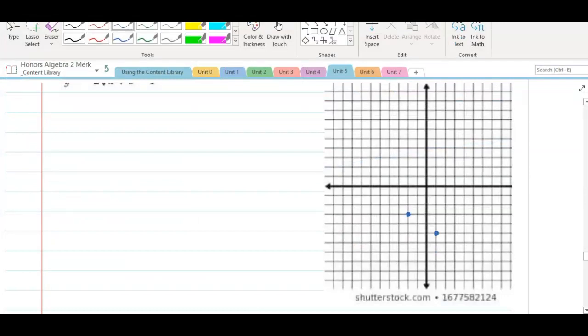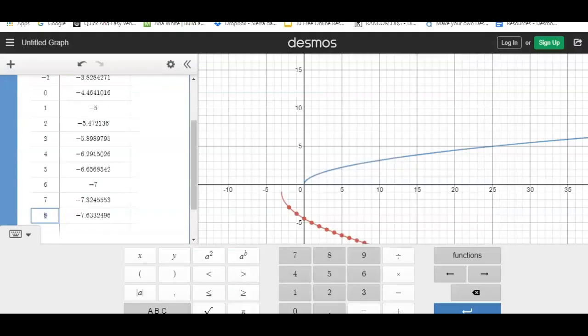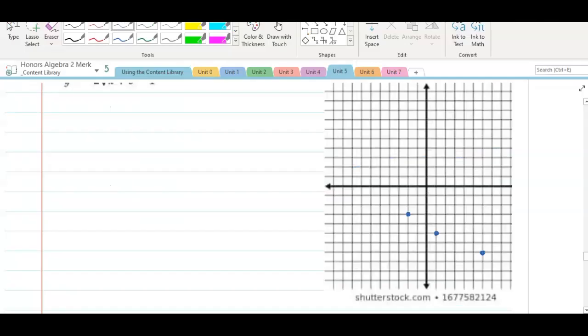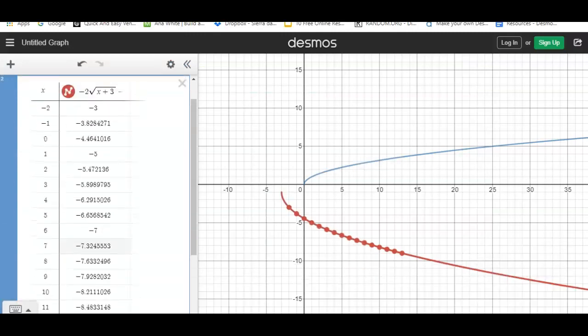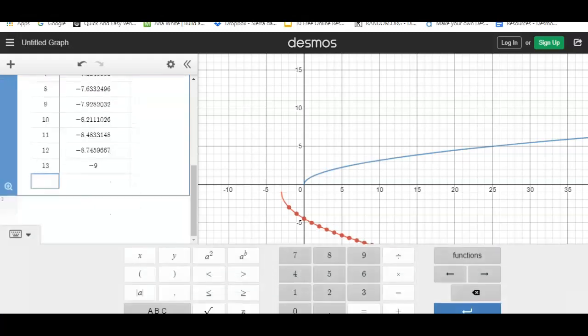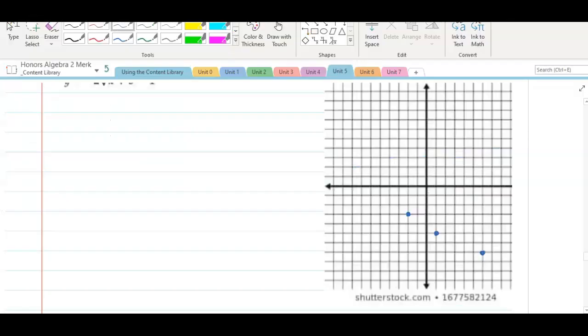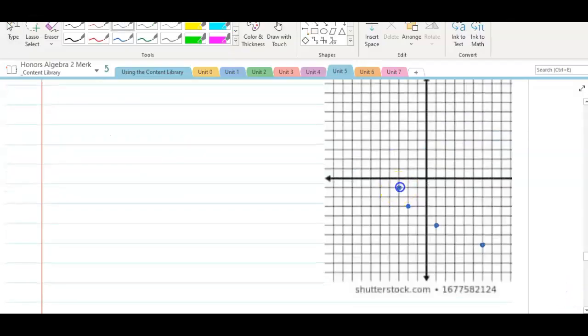Over to 6, down to 7. Can we get any more nice points by hitting enter? 13, -9, that's going to fall off my graph, so I'm just going to start with these. I'm also going to go up in my graph. -2 was this point. Let's see if I type -3. Oh yes, -3, -1 is a nice point, which we expected to have on our graph. So now I will just connect these.